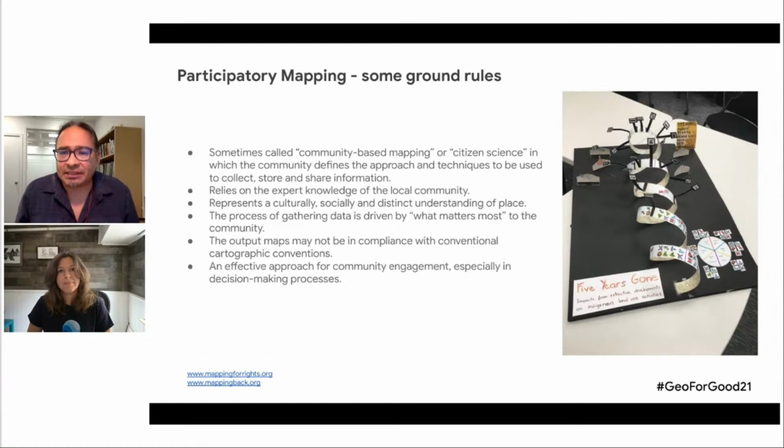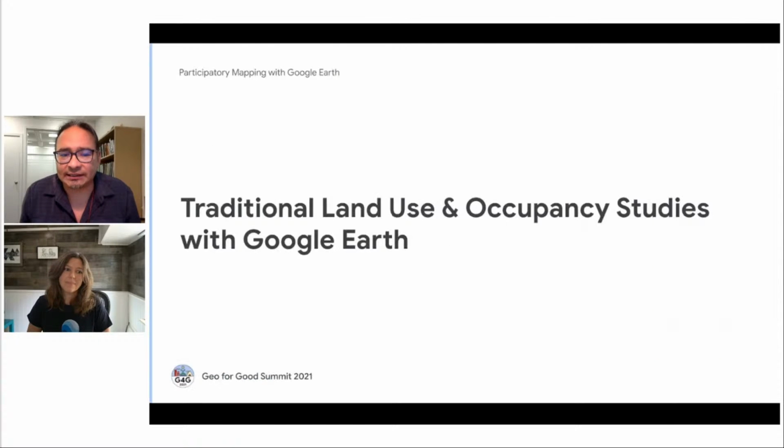The output maps may be a conventional two-dimensional map, but also might be a really custom way of thinking about the map, like the picture that we're seeing on the right here. But either way, the whole process of participatory mapping is an effective approach for engagement, especially in decision-making processes.